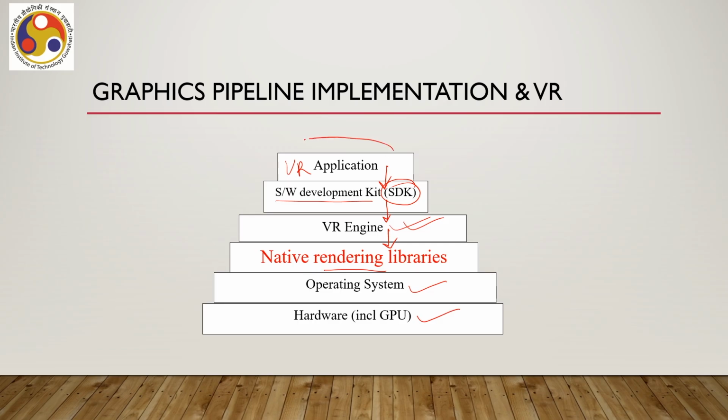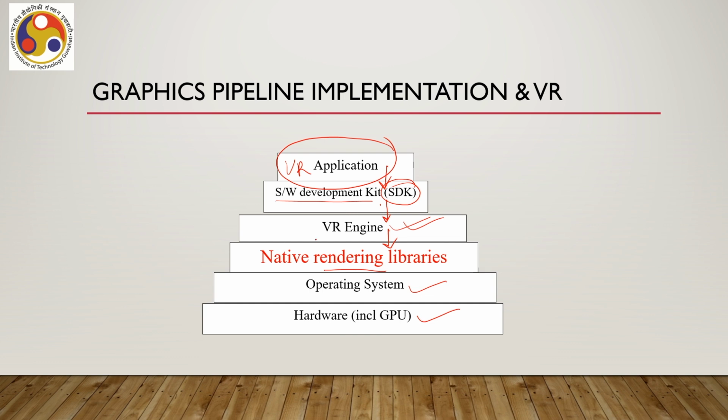So, essentially if a VR system developer wants to do something with the graphic system, then the developer does not need to bother much if he has access to such a layered system where he can take recourse to software development kits which access the VR engine.